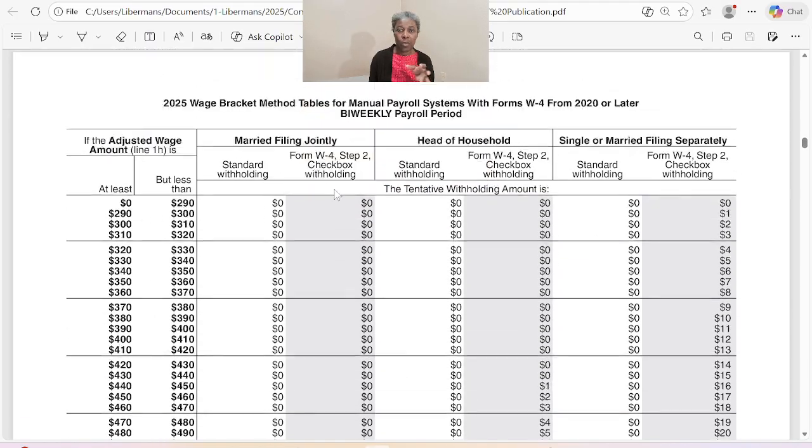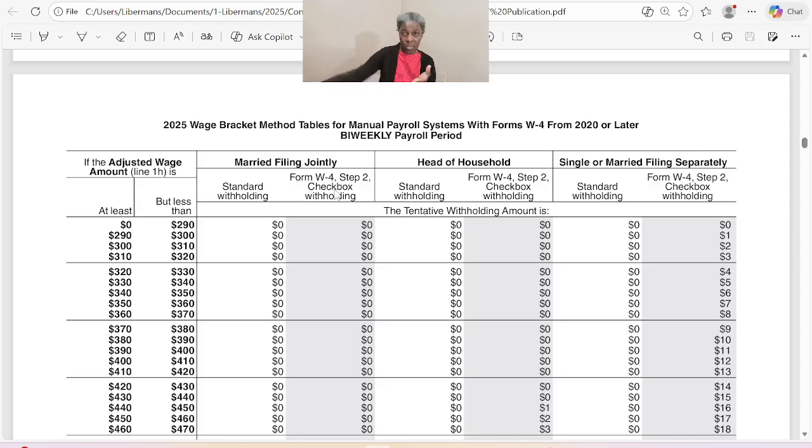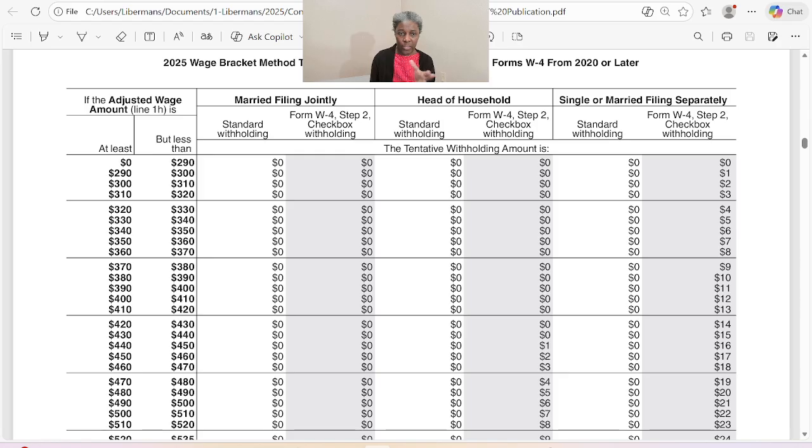So based on your frequency of payment, you locate that and locate their W-4 selection, and use that to find the wage tax bracket they fell within for that pay period, to see how much you need to withhold from their income.